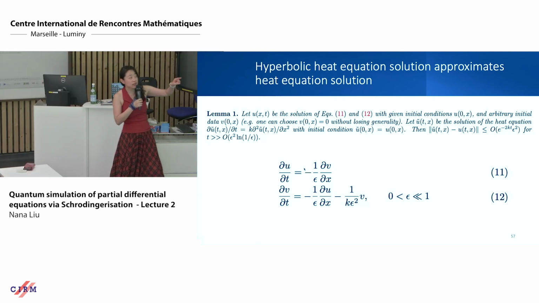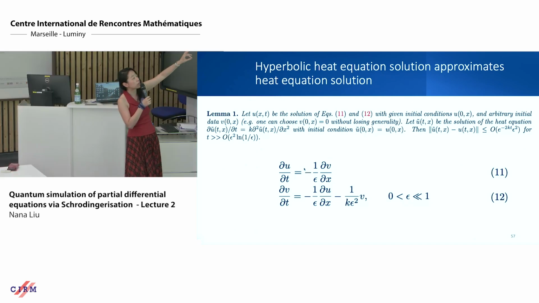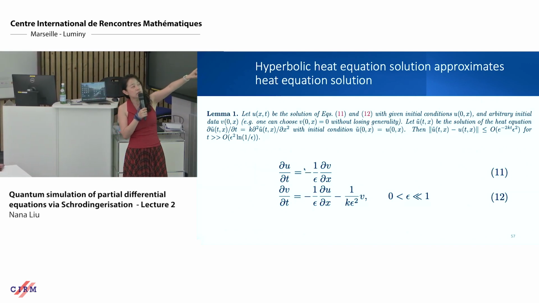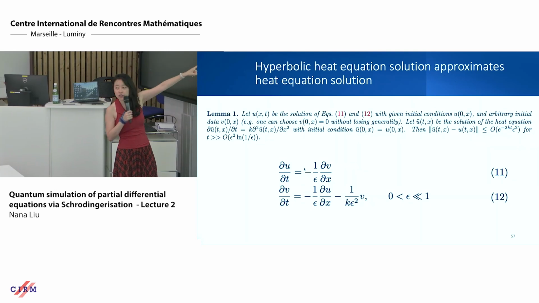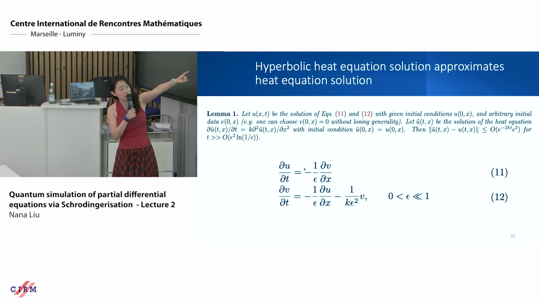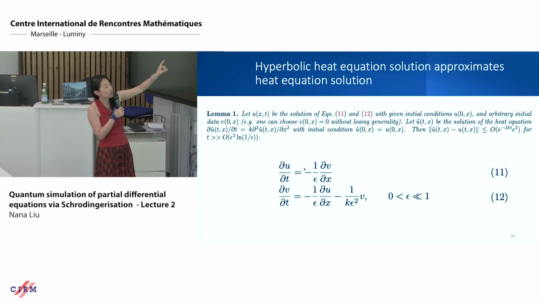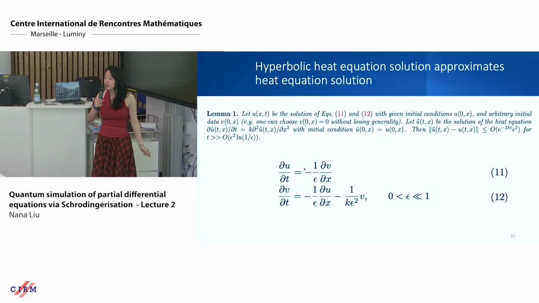Remember here, you're choosing epsilon to make your life as easy as possible, because the point is to actually simulate the heat equation. So what this lemma says is that if you want to approximate U tilde, the original heat equation, with U, the solution of the system, and this is above order epsilon squared, then this is true when your time is above order epsilon squared.